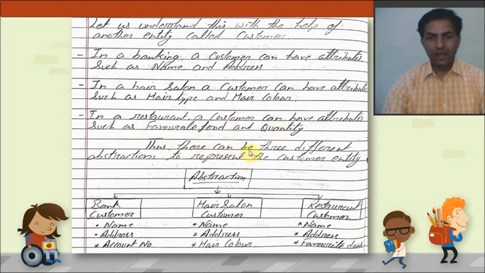Thus, there can be three different abstractions to represent the customer entity: bank customer, hair salon customer, restaurant customer. A bank customer will have name, address or account number. A hair salon customer will have name, address, hair color. A restaurant customer will have name, address or favorite drinks or food and so on.